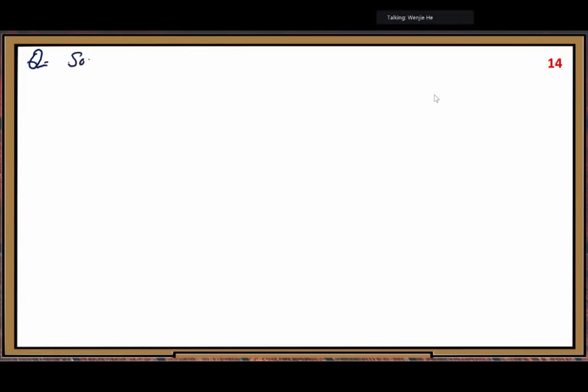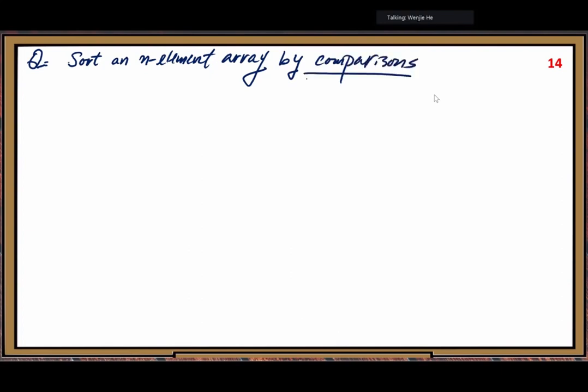Sort an element array by comparisons. Here I emphasize this comparison operation because we want to exclude non-comparison sorts, right?